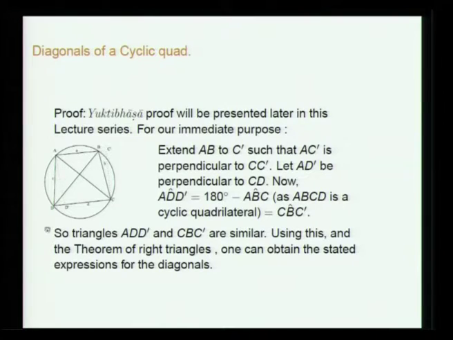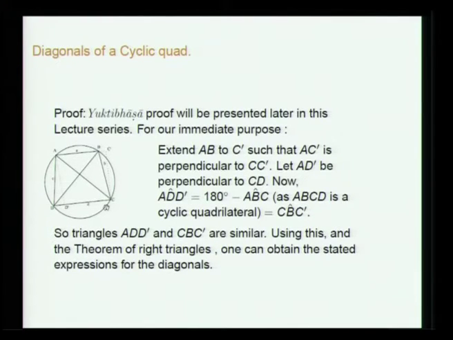So, you have this cyclic quadrilateral ABCD. What you do is extend AB to C prime such that CC prime is perpendicular to AB. Similarly, you drop the perpendicular AD prime on the side CD.